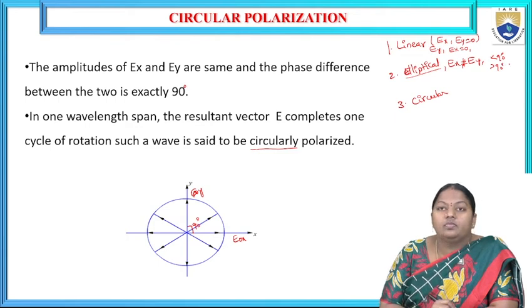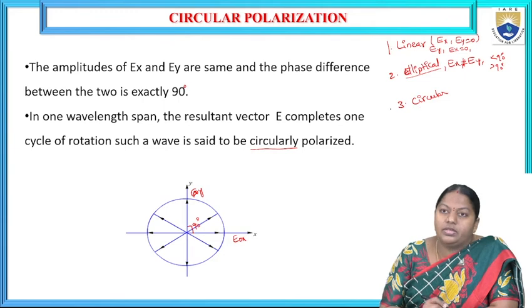If Ex and Ey have non-equal magnitudes and the angle between them is less than or more than 90 degrees, then the wave is said to be elliptically polarized. Okay.